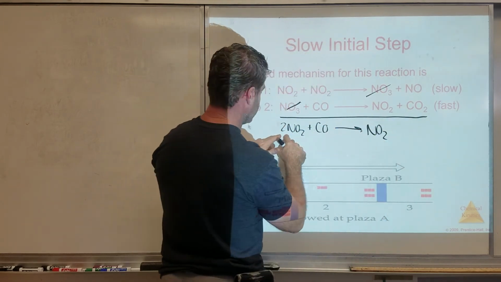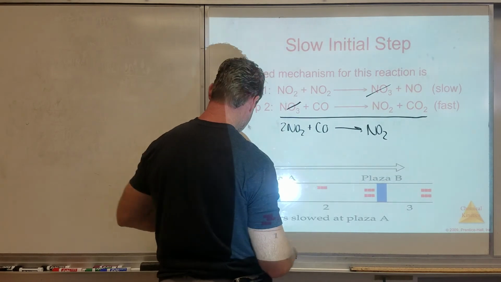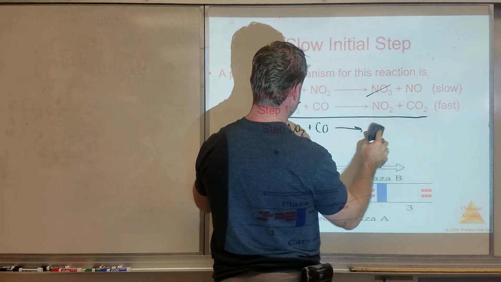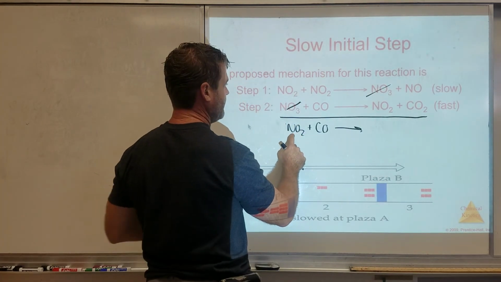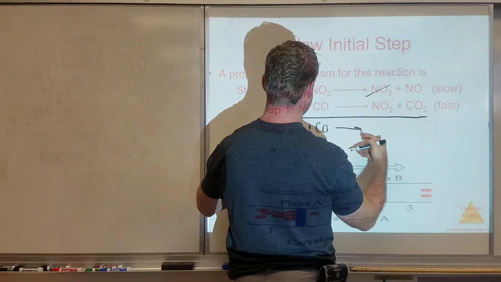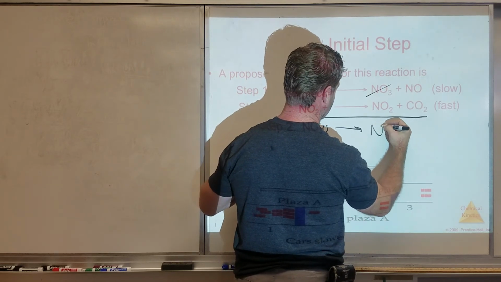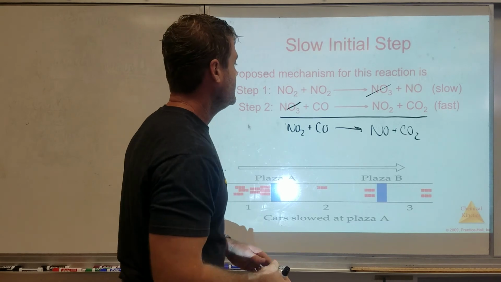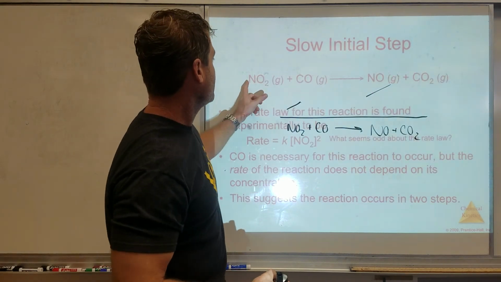But now look here, I have 2 NO2 here, 1 NO2 here. So ultimately, if there's 2 here and 1 here, it would just be a net amount of NO2 here. And so then what else have I produced? NO and CO2. And if you look, that is the original equation.